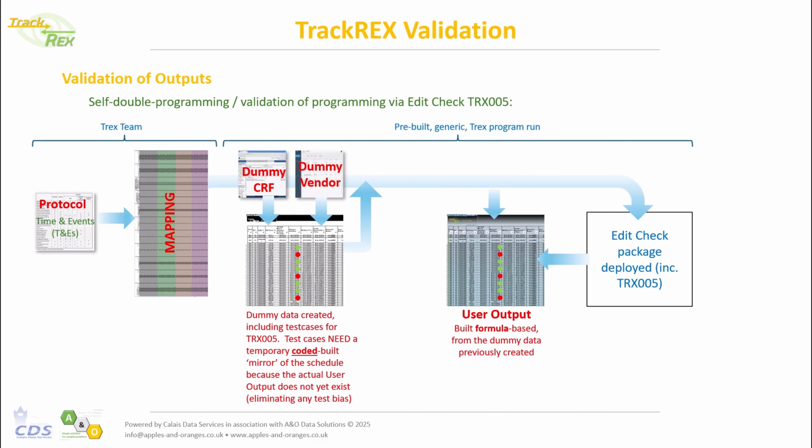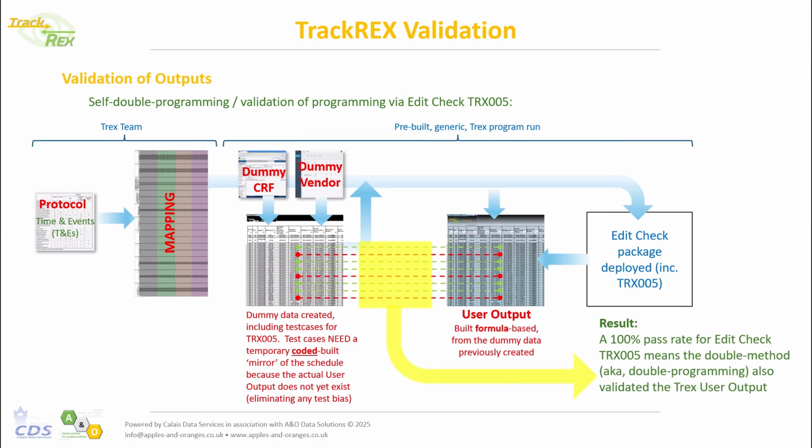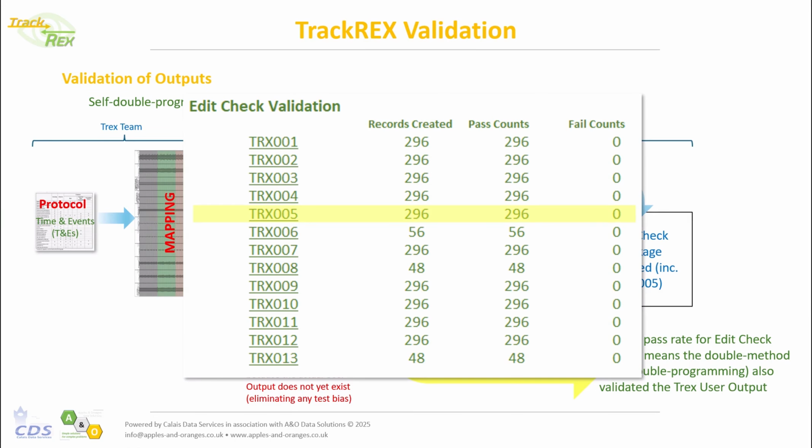The created test cases should present themselves in a one-to-one relationship with the user output. A 100% pass rate for edit check TRX 005 means the double method, aka double programming, also validated the TrackREX user output. As mentioned, edit check testing documentation is available as part of dummy study creation. Clients have verifiable proof dummy studies are validated.